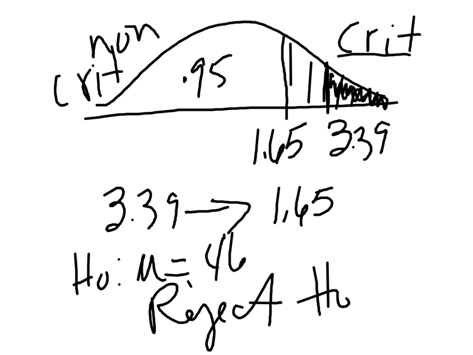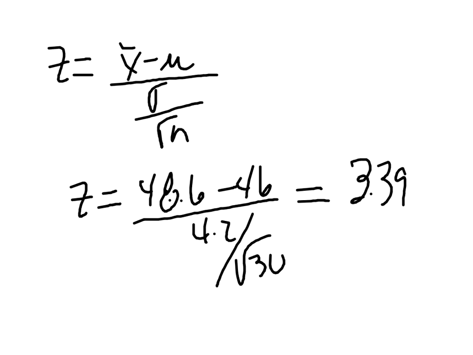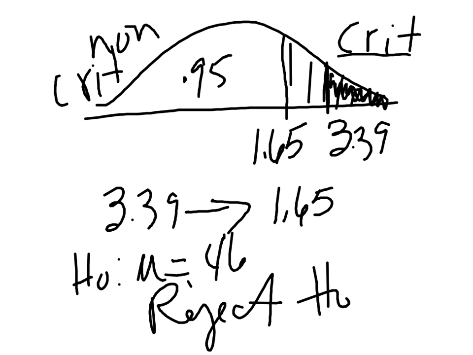Now, let me just go back a page here. Let's say that when we calculated, we got a z-value that was like 1.4. Okay, and then if we go back to our drawing, clearly 1.4 would be somewhere in the non-critical region.